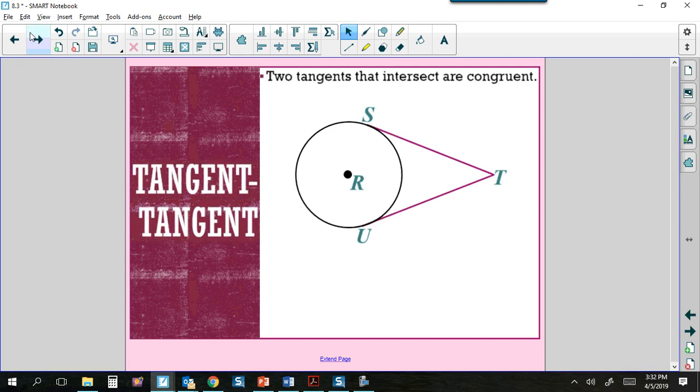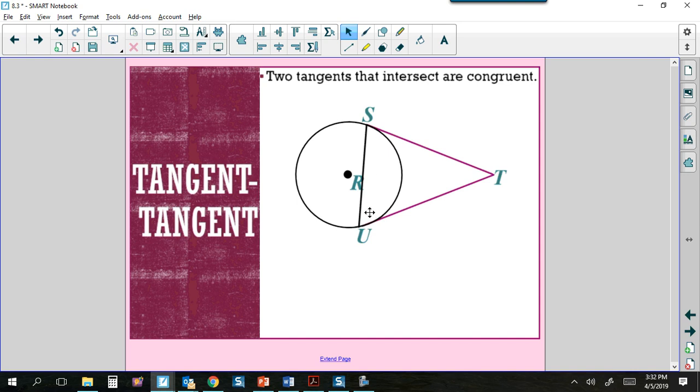The next one, we have tangent, tangent. If you look at this one, all you're dealing with are two tangents on the outside of our circle. If I were to create a triangle right here, I would know that this angle is equal to exactly half of this intercepted arc because it's a chord tangent from 8.2.